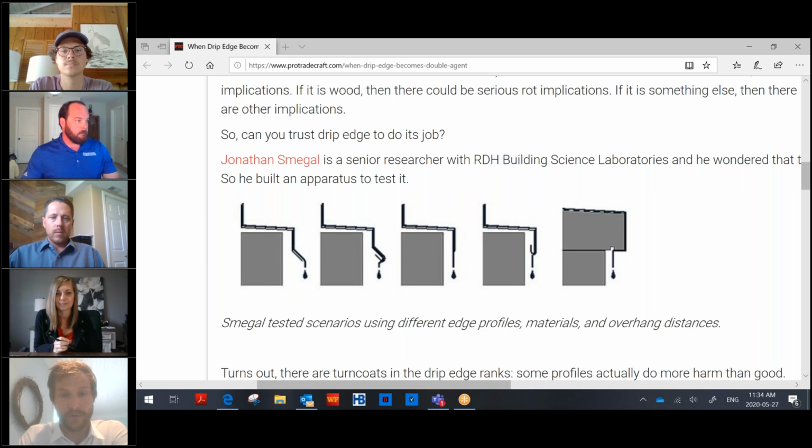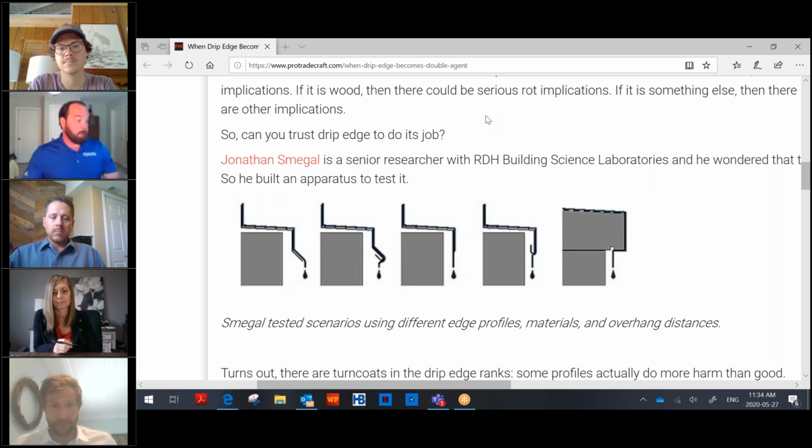When it runs down a building, when it has the opportunity to cling to a wall or a facade or return to an eave and get wet in those areas, it can lead to deterioration. So it gets wet, brick can freeze thaw, wood can rot. So it's always in our best interest to try and get that water off of the building and shed it in some way, shape, or form.